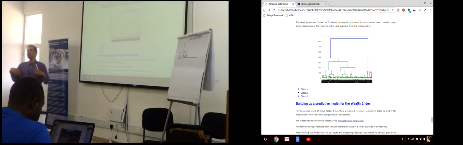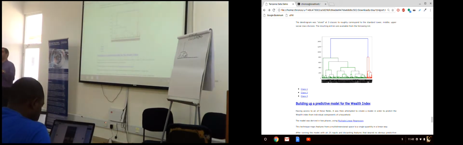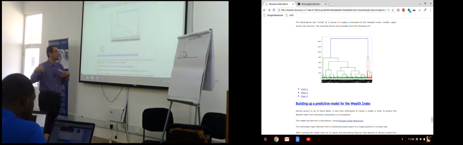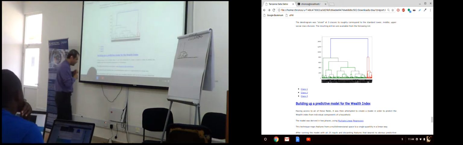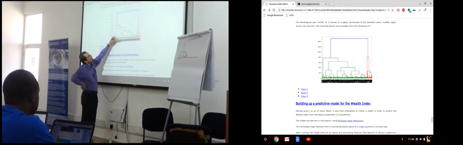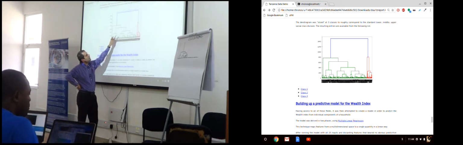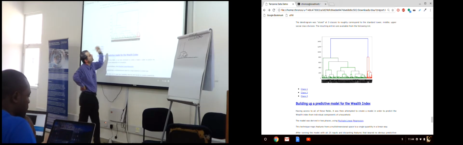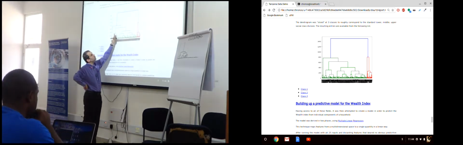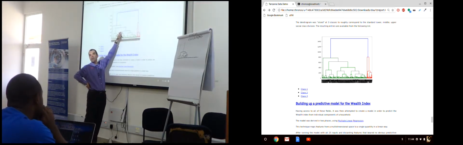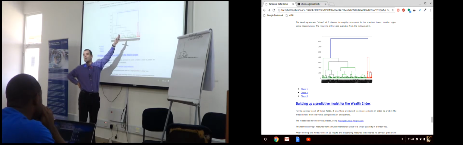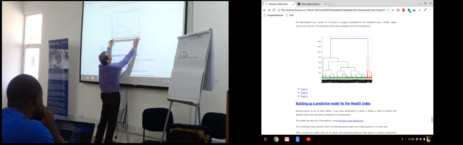I was interested in social division. Poor, middle class, rich. The good thing about hierarchical clustering, the way it has worked here, is that if we were to focus on this cluster, which seems to be the bigger, okay? This cluster here.